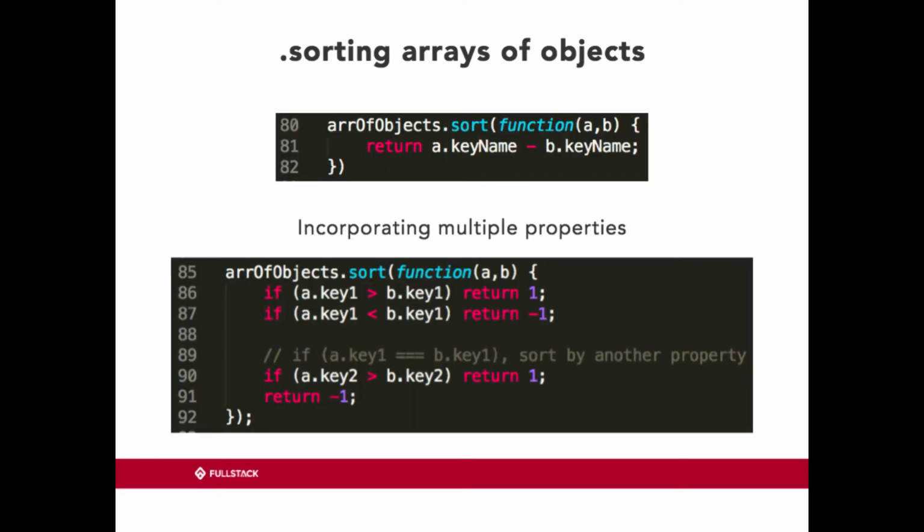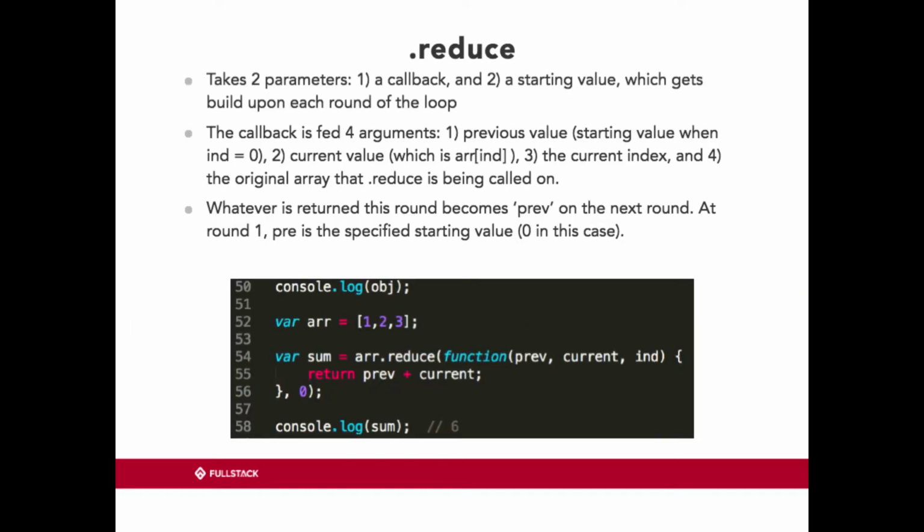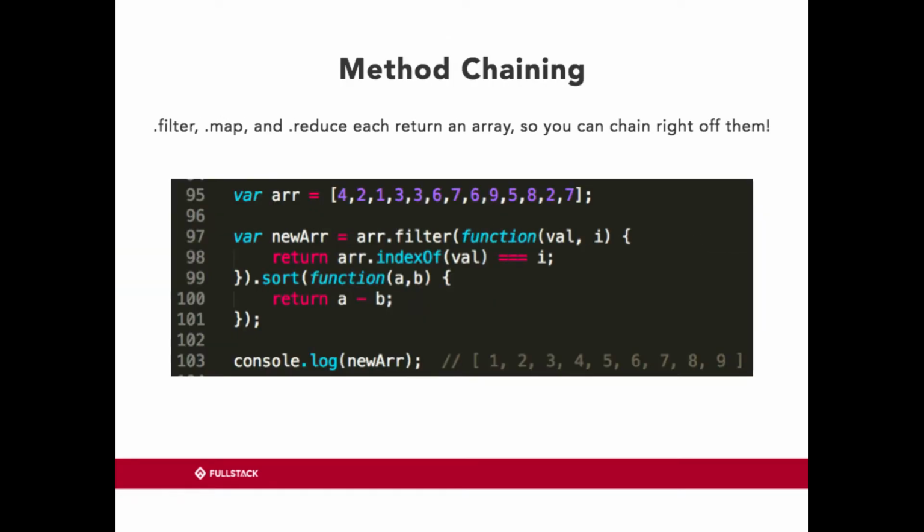Method chaining is just a way to say, rather than saying, here's an array, let's do a .map on it, then a .filter on it, and then something else, let's just write it in one long statement, doing A, B, C, and D sequentially. Once again, completely optional. You never have to chain anything if you don't want to. But in terms of shorthand and making it look convenient and clean, sometimes chaining does make things a little bit easier.